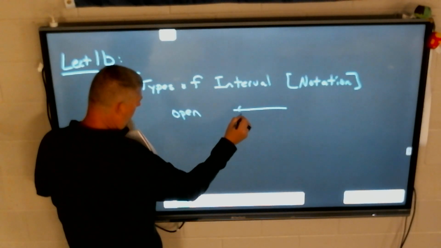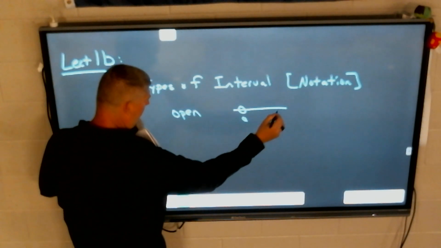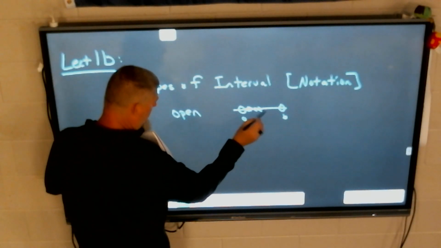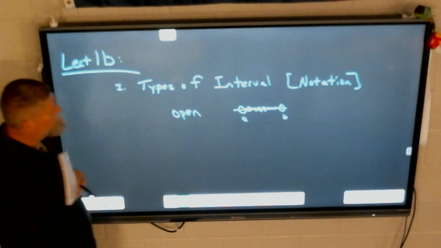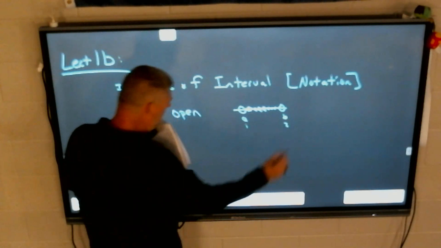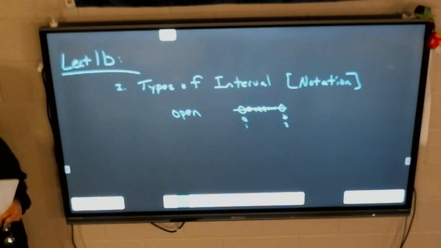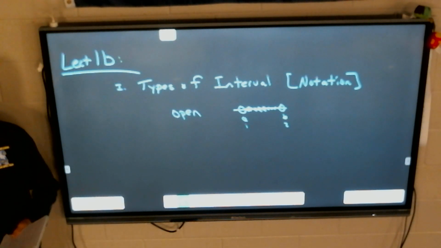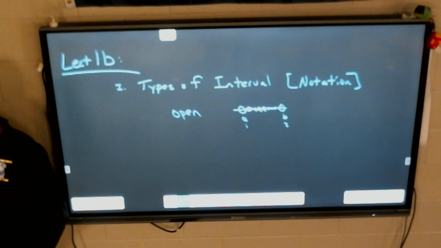We'll go open circle A to open circle B, and all the numbers in between them. If you want to put numbers in there, we could say, this is 1, this is 2, all numbers between 1 and 2. What does it mean to be open? What does it mean to be an open interval?